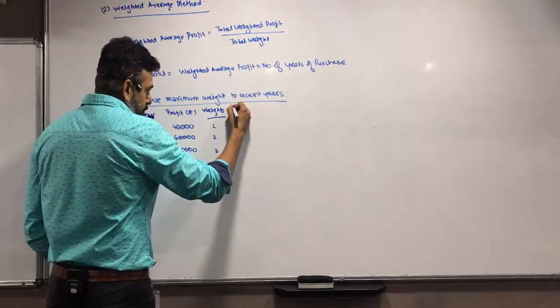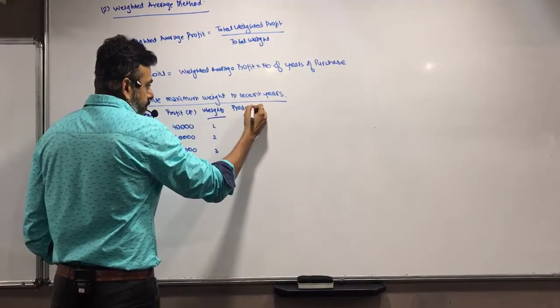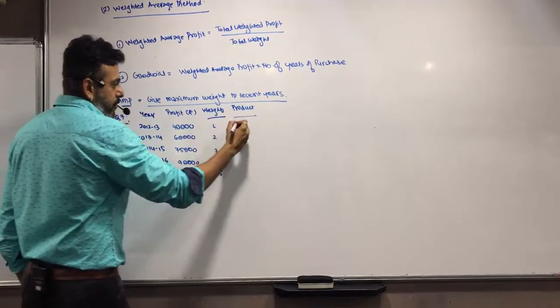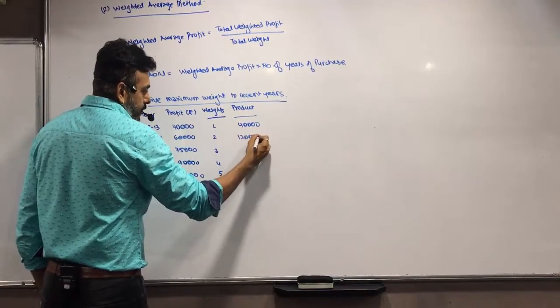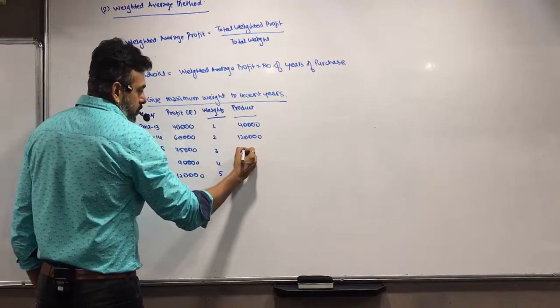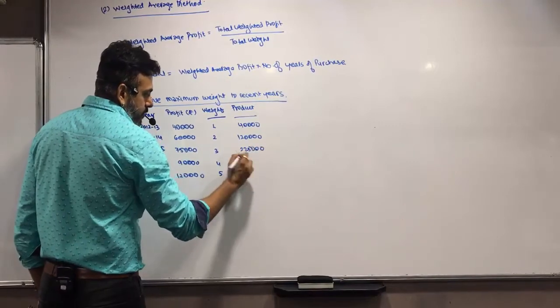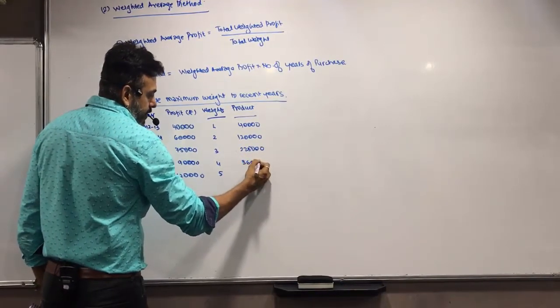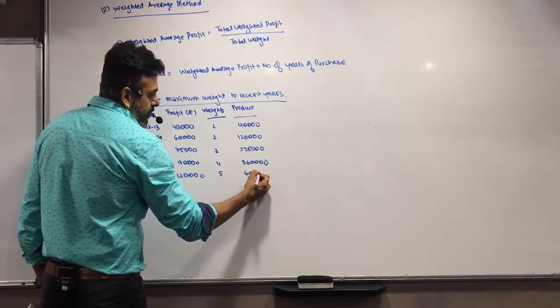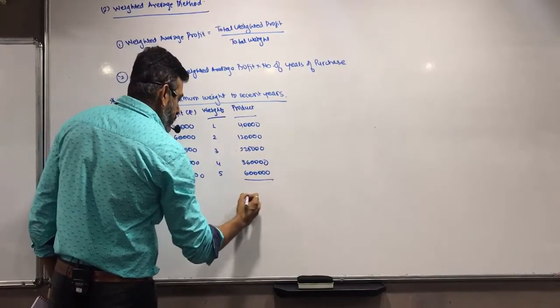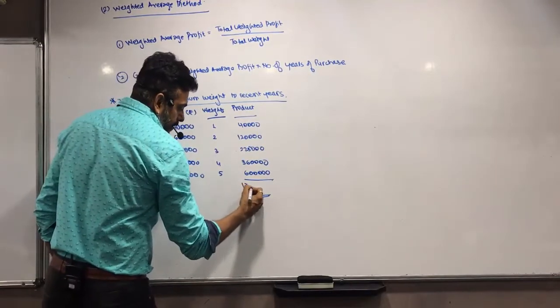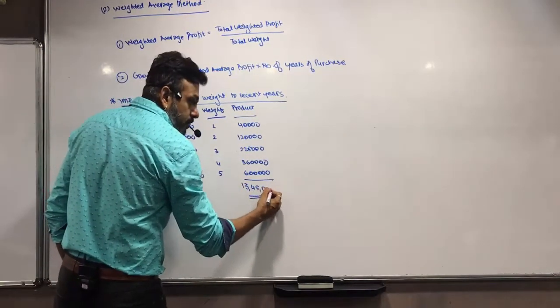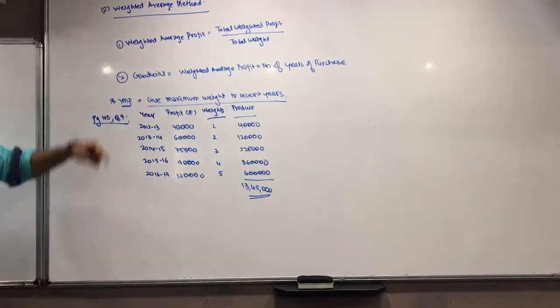We find product 40,000 into 1, 40,000, 1,20,000, 2,25,000, 3,60,000 and 6 lakhs. 13,45,000. Now, first we find out weighted average profit.